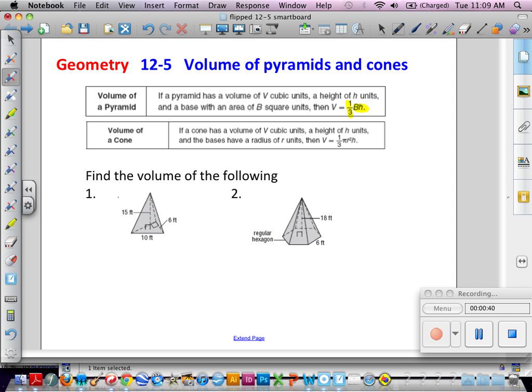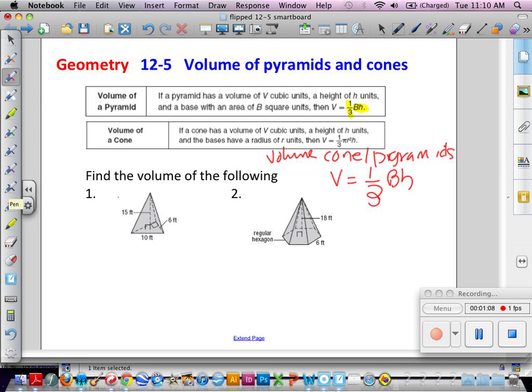So when you're talking about the volume of cones and pyramids, the volume is 1/3 the base area times the height. That's 1/3, not 1/2. And so let's take a look at problem number 1.